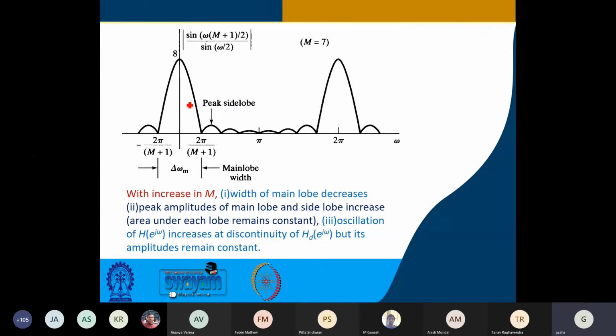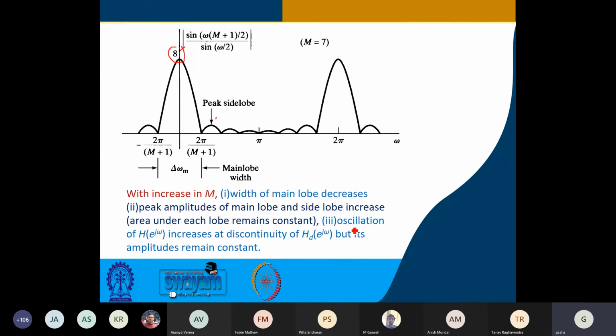The other thing that we had noted before, and it is also mentioned here: peak amplitude of main lobe and side lobe increase, area under each lobe remains constant. Okay, so peak amplitude means this value that we are talking about, because of the increase in M. If you normalize it, you will see the relative value, it will not be that issue.